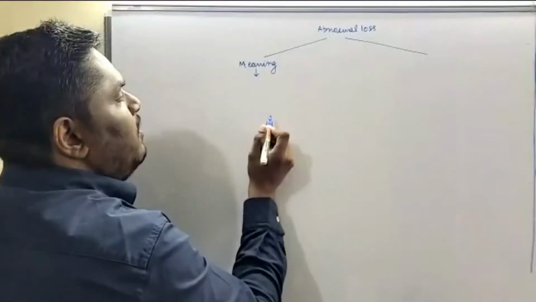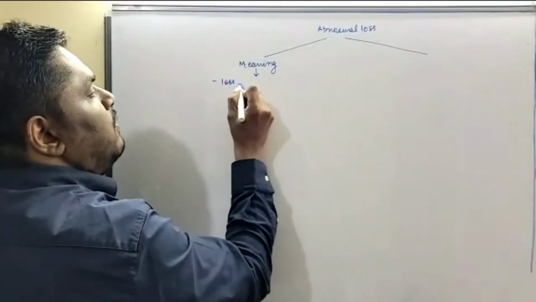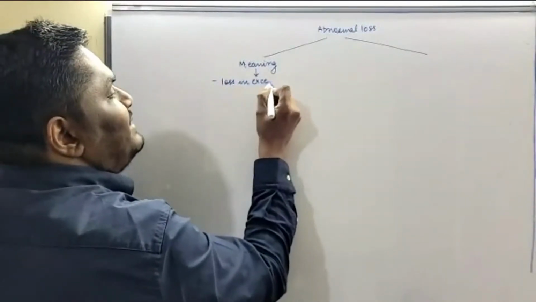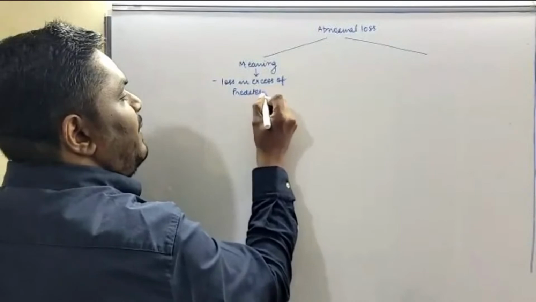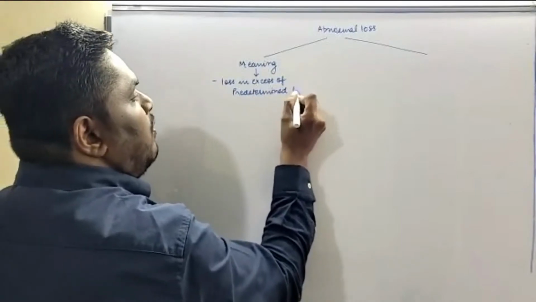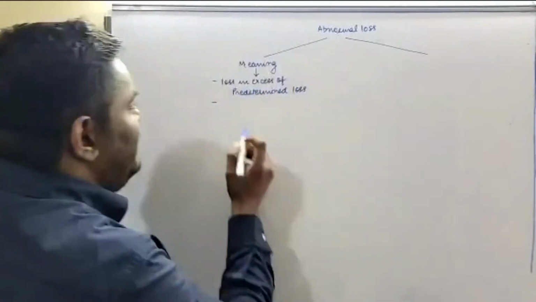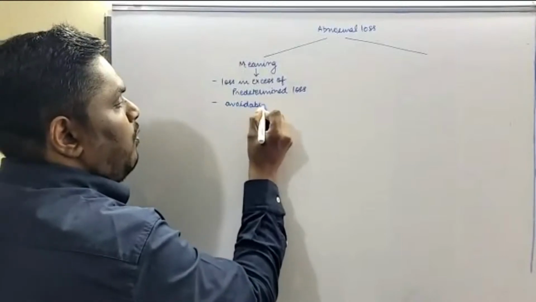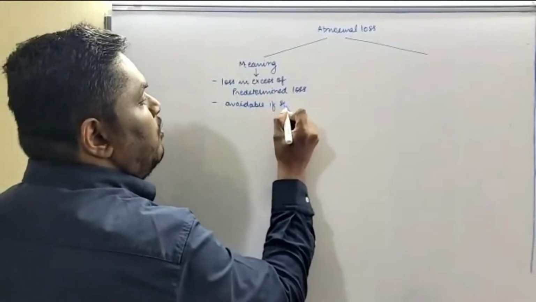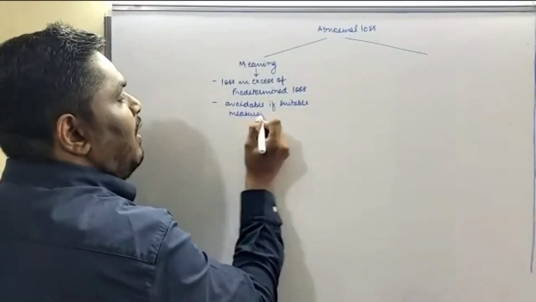When talking about the meaning of abnormal loss, the loss in excess of predetermined loss is abnormal loss. Can it be avoided? Yes, it can be avoided if suitable measures are taken.